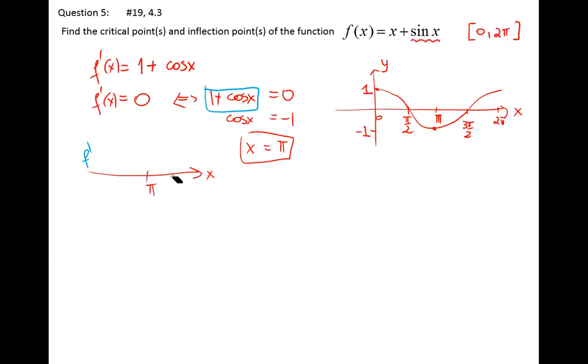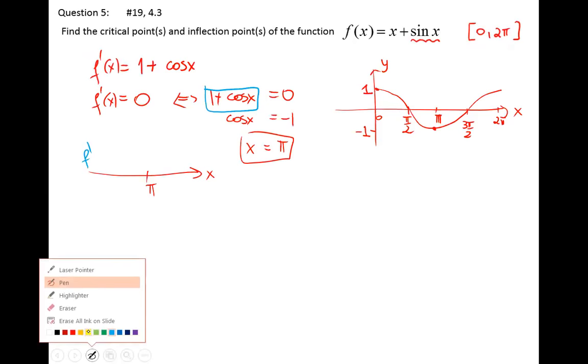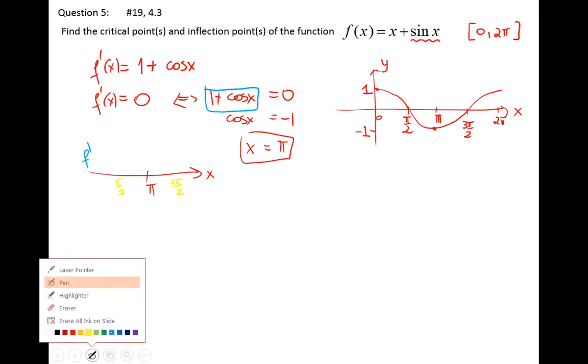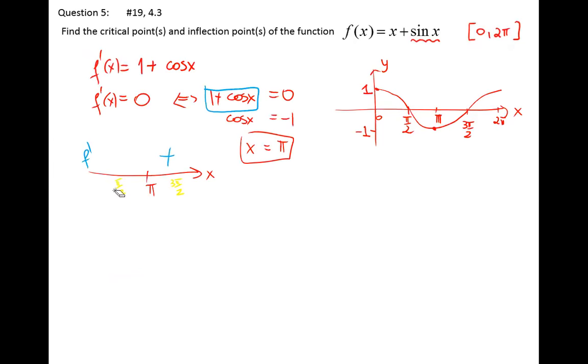If I try to find out what is going on with cosine, I have to find the values. Let me put the test values. That's probably a little bit challenging if we don't know them. Let's use pi over 2 and 3 pi over 2 because we know the values. At 3 pi over 2, cosine is 0, so 1 plus 0 is positive. Again it's 0, because everything is positive.